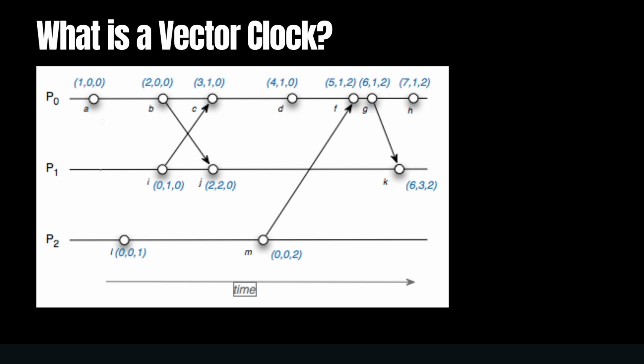Instead of everyone having a single stopwatch, it's like every participant in a conversation has a list of stopwatches, one for themselves and one for every other person they have ever talked to, tracking how many times they have heard an update from each other.